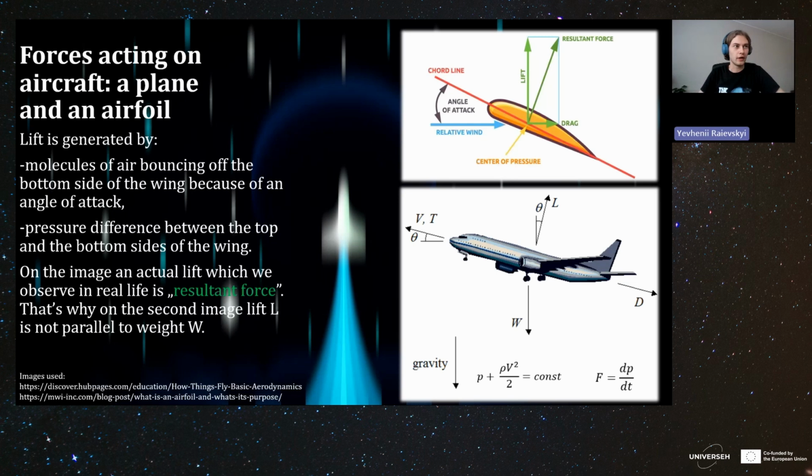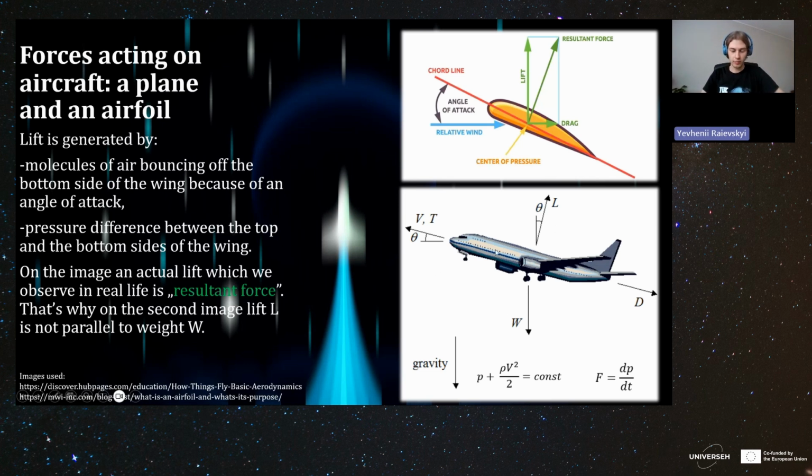As any thoughtful aviator knows, wings are the true architects of flight, but how exactly do they conjure enough lift to raise an aircraft to the skies? Let's begin with the first image here, representing forces that act on the wing itself. We have a blue arrow indicating the relative wind blowing in the direction opposite to the direction of motion of the airplane.